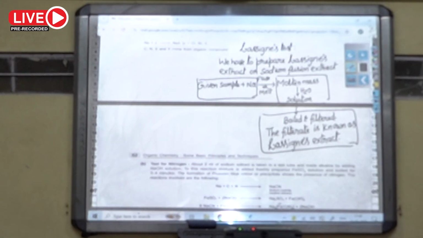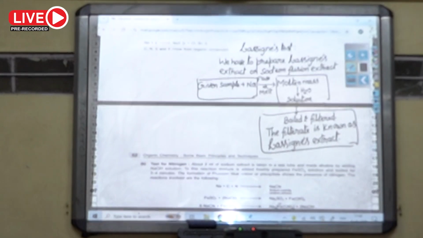It's a very, very important point. Why is it basic? Because when you are fusing with the sodium metal and boiling with water, some sodium metal reacts with water and forms NaOH. That's why it is basic or alkaline in nature.